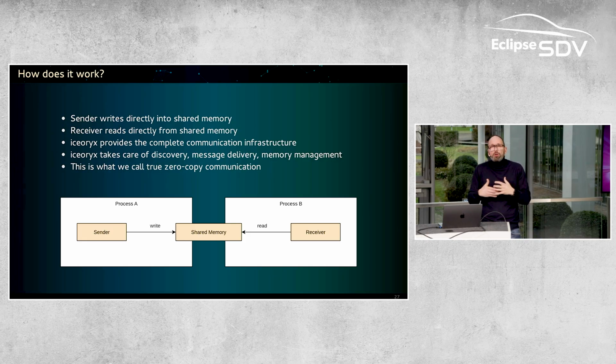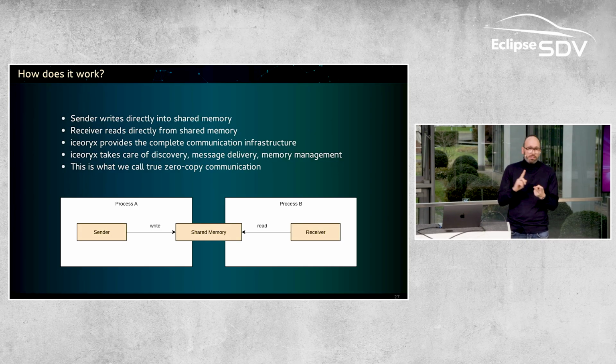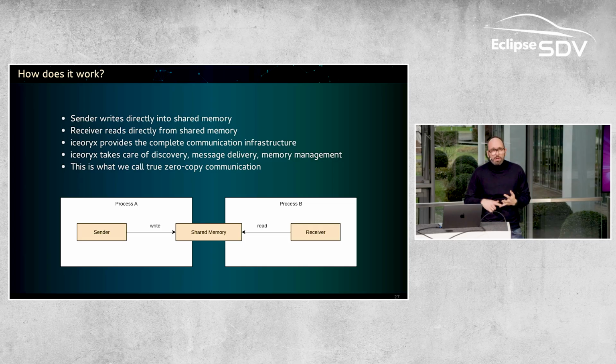But iceoryx then provides a whole communication infrastructure around all this. The entities for sending and receiving data, their discovery, connecting them, the data delivery, all the memory management, memory synchronization, it's all handled by iceoryx. And as you can then pass a message from one process to another without a single copy, we call this true zero-copy communication.